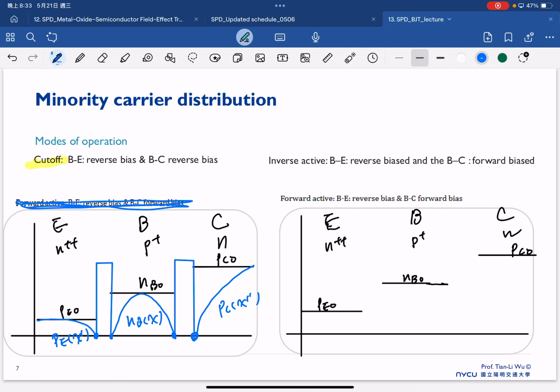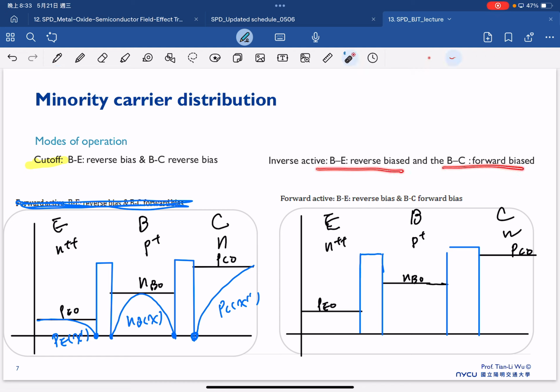And then this is a space charge region here.